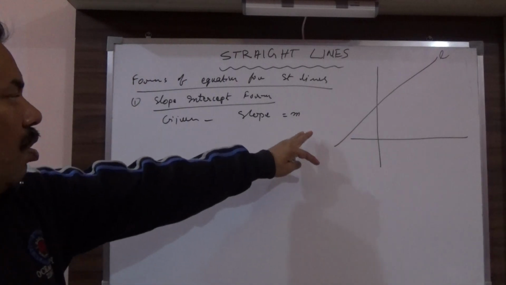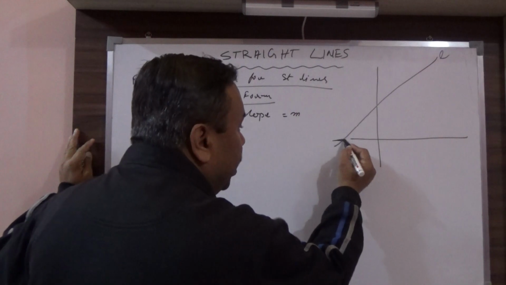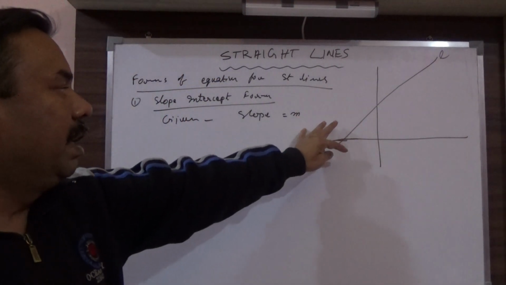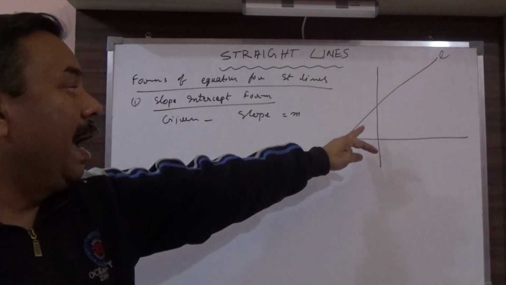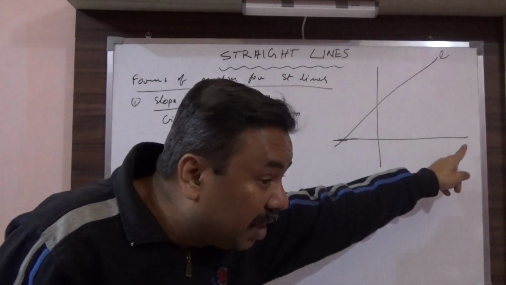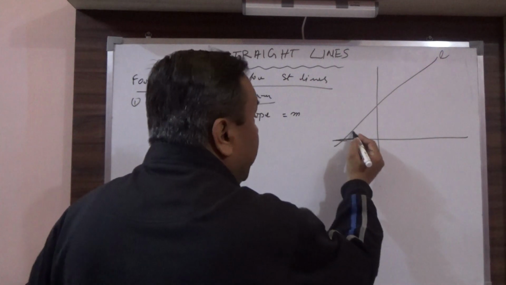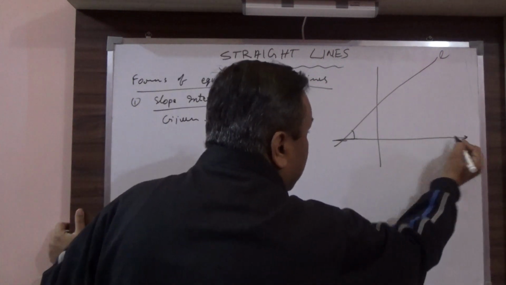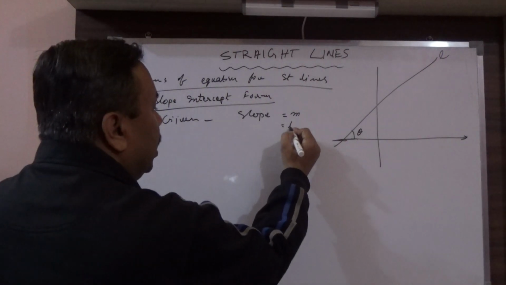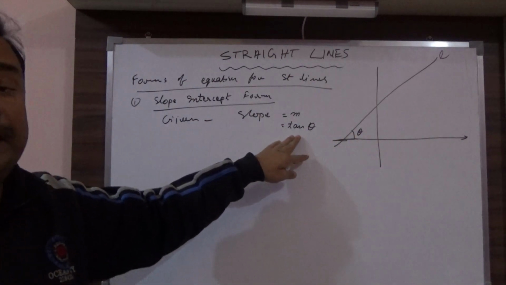M is the trigonometric tangent of the angle made by the line with the positive direction of x-axis. That angle is theta, so m is tan theta. You don't know the value of theta, but you know the value of tan theta.